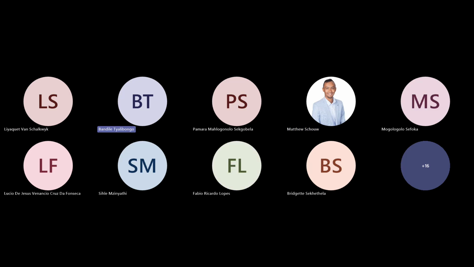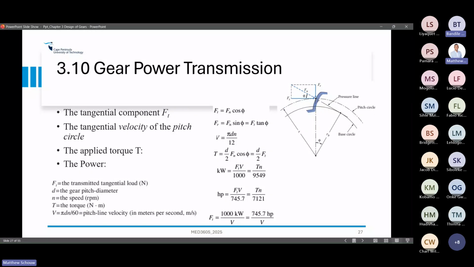Oh, sir, can I ask you a question? Sure, definitely, man. Which gears are we gonna be focusing on? Is it just spur gears? Hold on, someone's talking there. Okay, cool. Just Banili, you're saying? Yes, I just wanted to ask which gears are we gonna cover? We're gonna cover all of them, spur and helical definitely. If not after that, it's gonna probably be bevel, but focus on spur and helical the most.